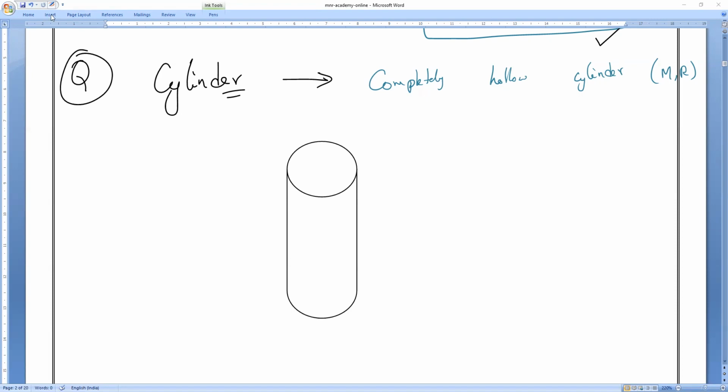That is the question. So what is that? The axis of rotation passes through the center of mass, and it is also the axis of rotation.